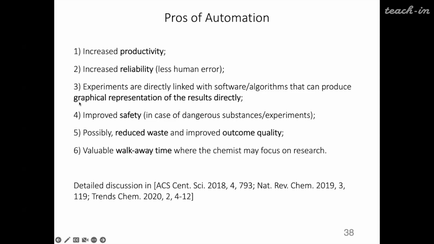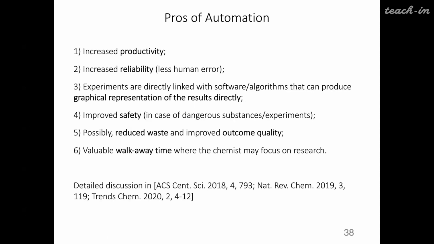What I would see as a great feature is that in such a way we get increased safety because we can automate experimentation with some dangerous substances like toxic substances or potentially explosive substances.